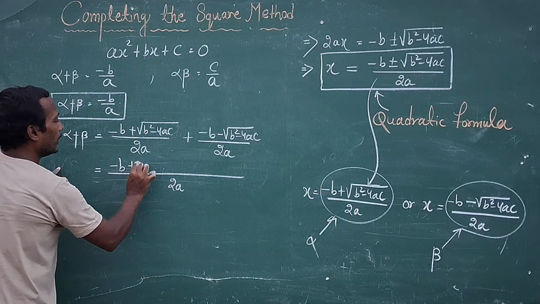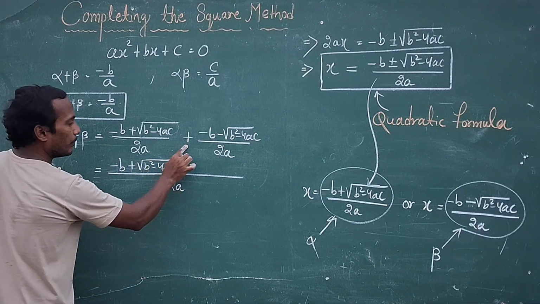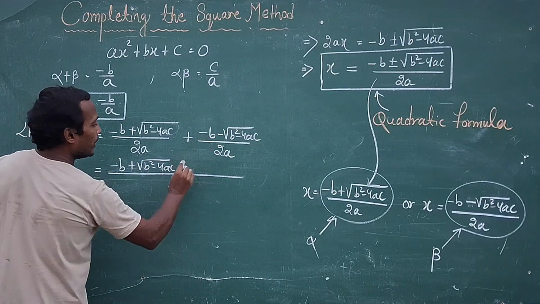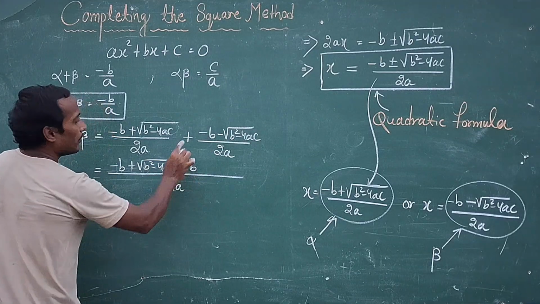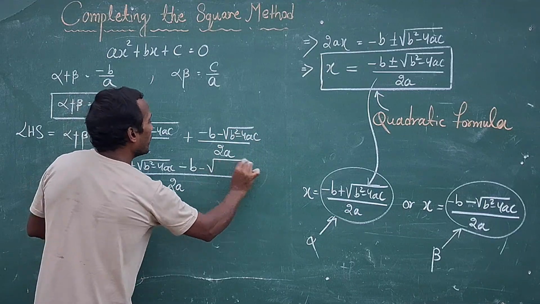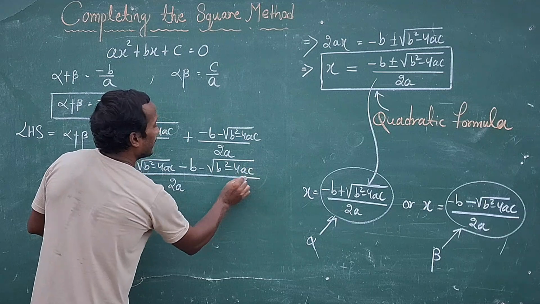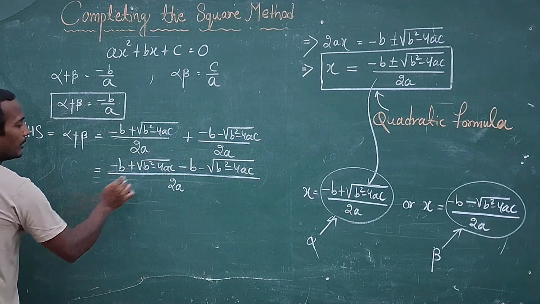Minus b plus root b square minus 4ac. I have plus symbol here. Plus of minus b is minus b. Plus of minus root b square minus 4ac is minus root b square minus 4ac. That's it. What happens now?